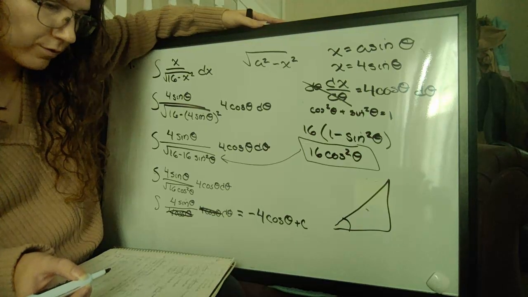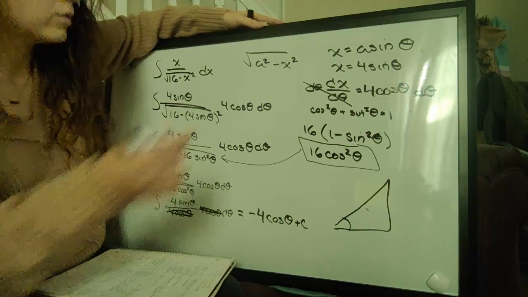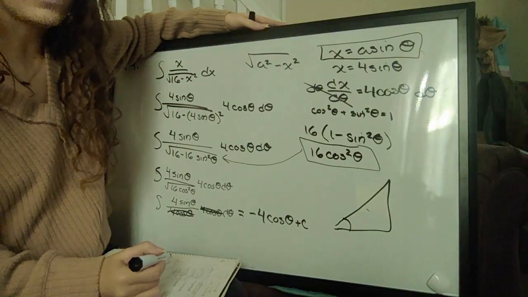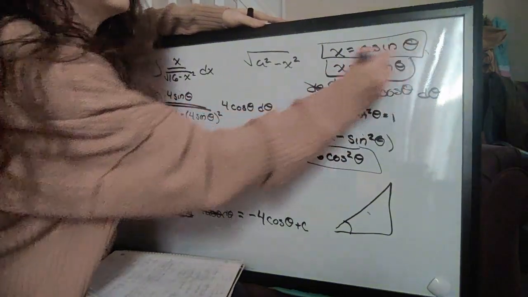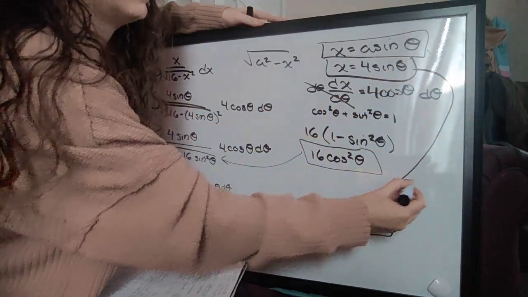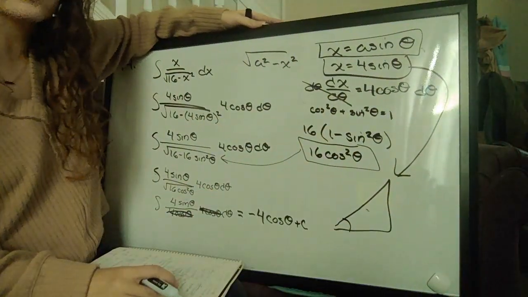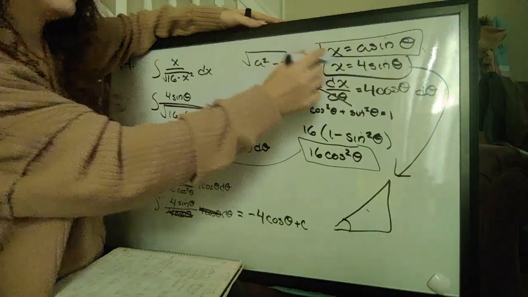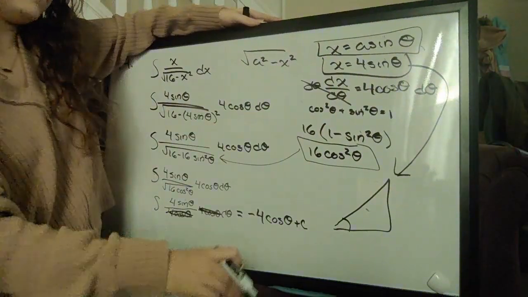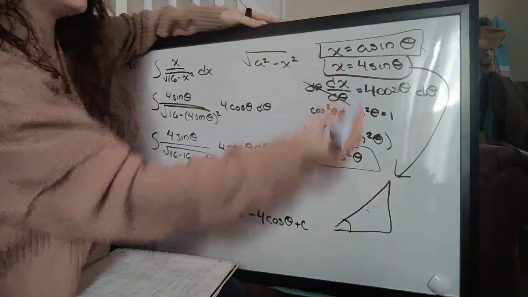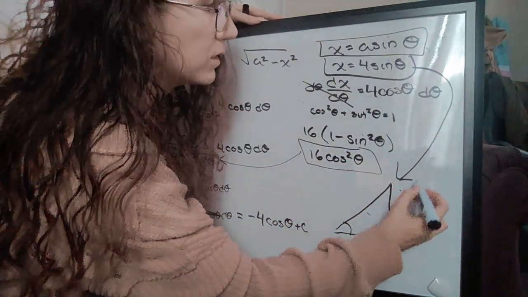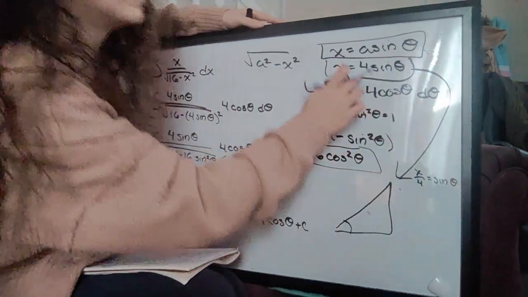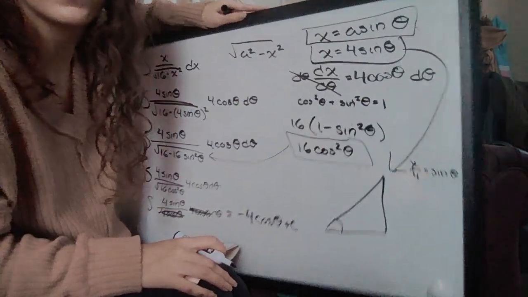We have this that we have set up, and I guess more accurately this one, because that actually gives me some information. That is what we're going to use to figure out what cosine of theta is. So I need sine theta. If I solve for this, x over 4 equals sine theta, because I can divide by 4 and find out what sine of theta is.